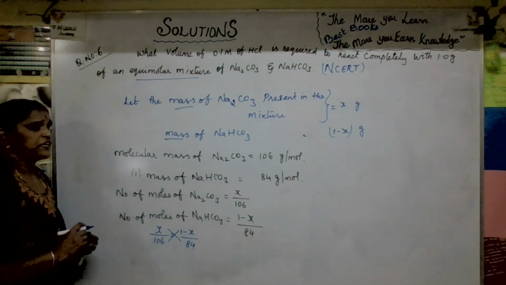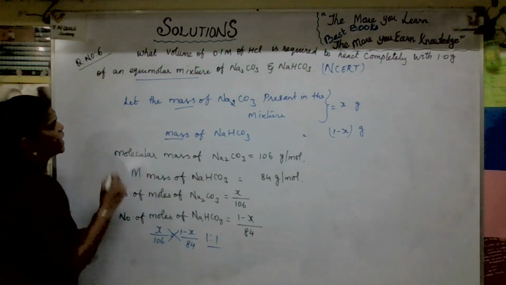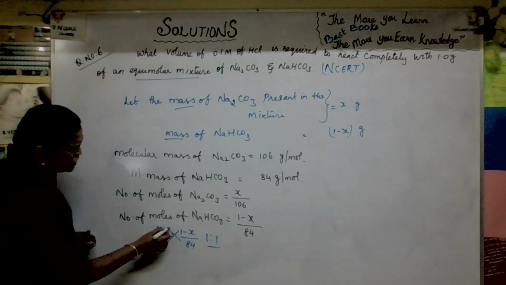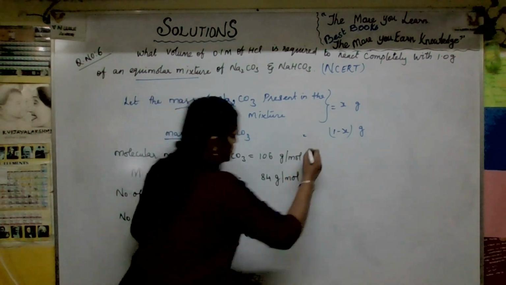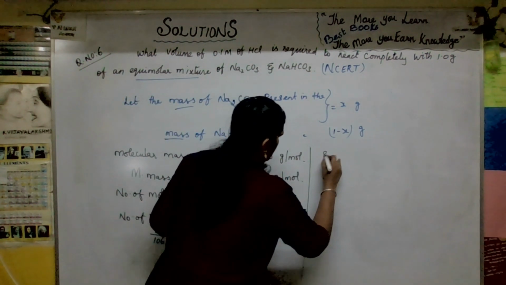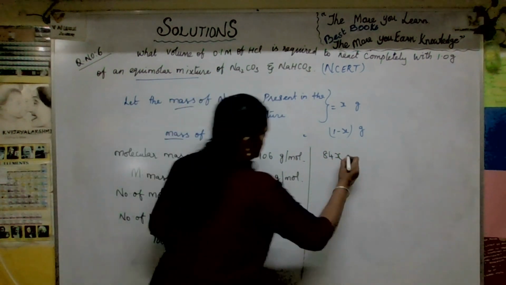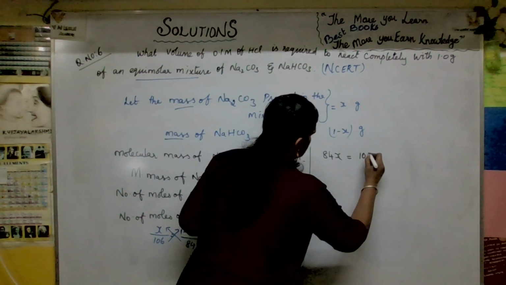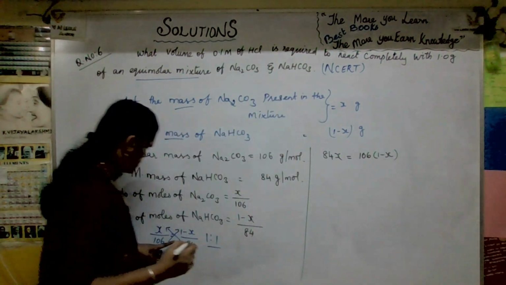Let us go for the cross multiplication, because 1:1 ratio, equimolar mixture they mention. So cross multiplication, here 84x equal to 106 into 1 minus x, isn't it?